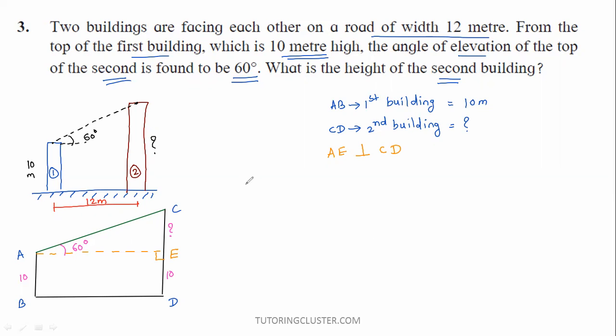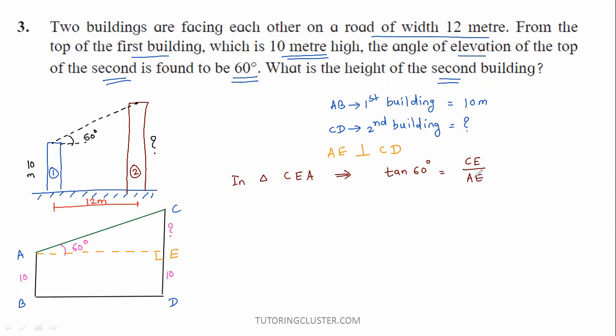See here, in triangle CEA, what is tan 60 degree? What is the opposite side? CE divided by the adjacent side, AE.